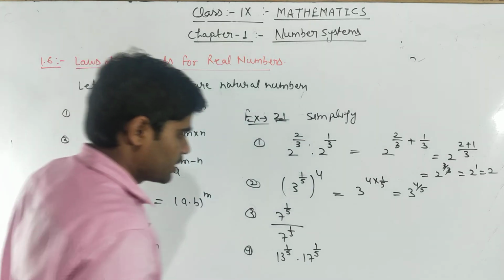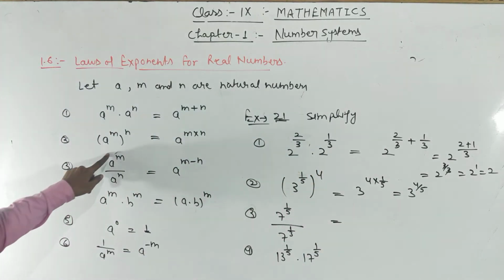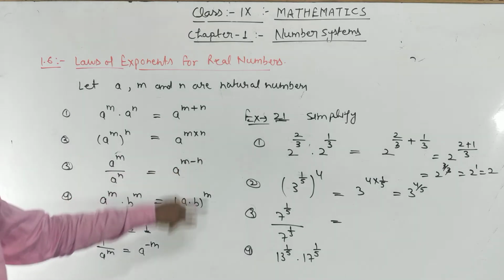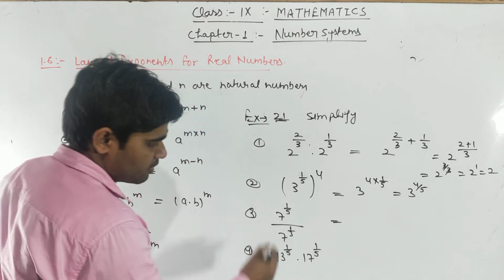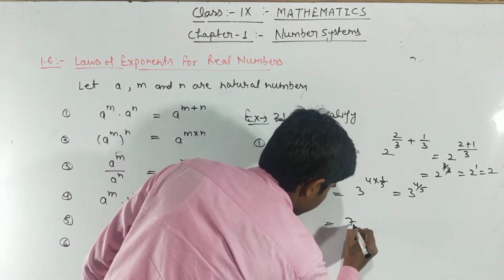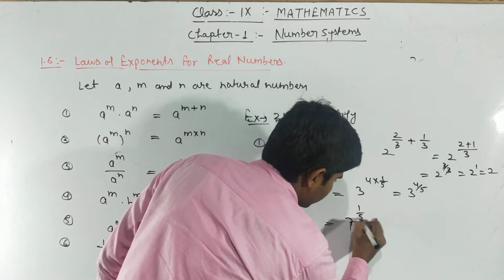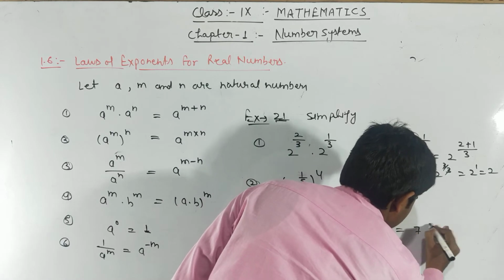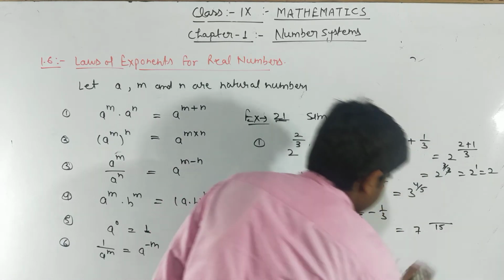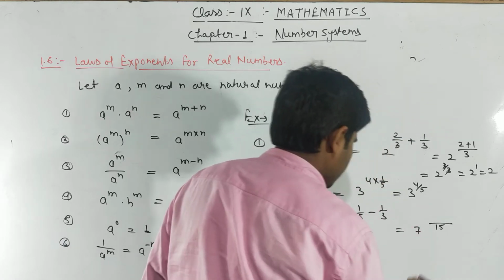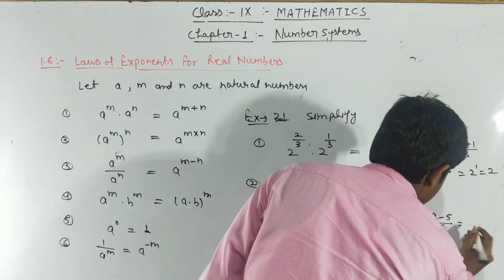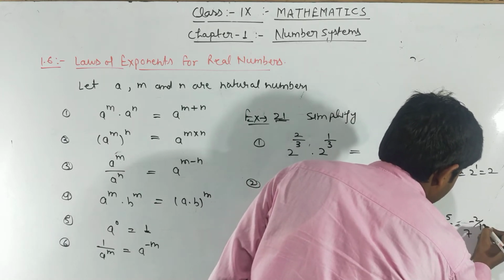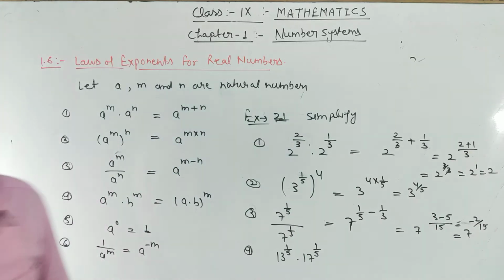Solved. Now this one, a raised to the power m upon a raised to the power n, so this can be written as a raised to the power m minus n. So here base a is 7, so you can write directly 7 raised to the power 1/5 minus 1/3. LCM 15, 3 minus 5 is equal to 7 raised to the power minus 2/15.